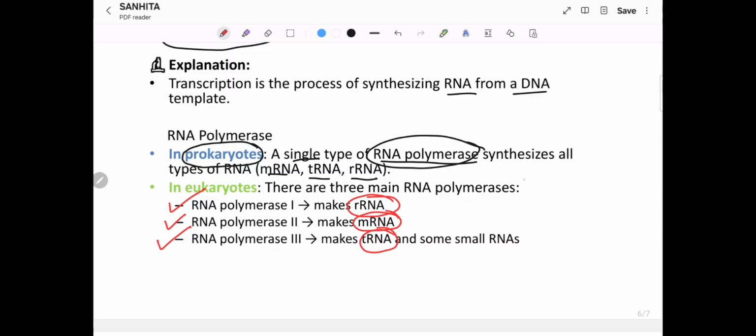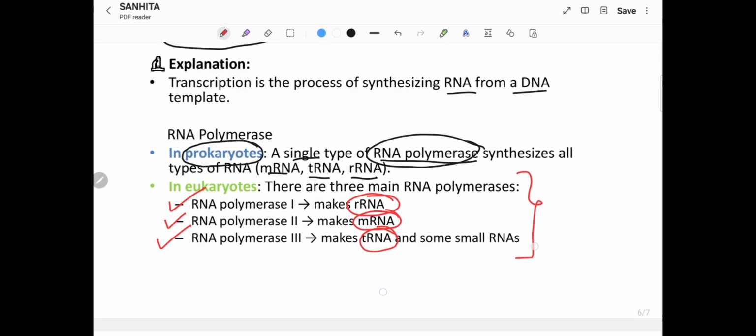So this is another important part. Remember this information: what is the function of RNA pol 1, RNA pol 2, RNA pol 3. Maybe this time the question comes from this part, that RNA polymerase 1 is responsible for synthesizing which type of RNA, that is rRNA.